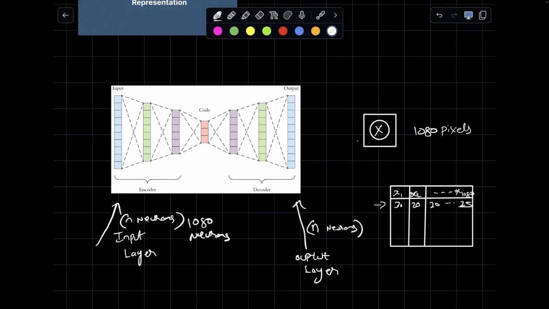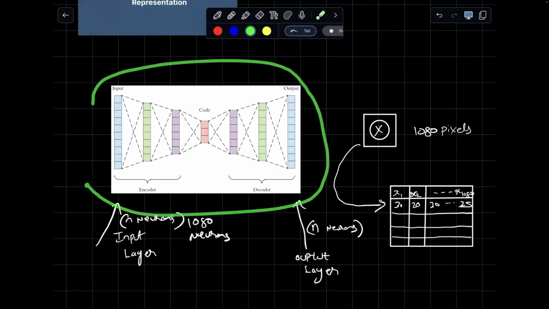This is this particular image. One image is represented as a row in my dataset. Like this, I may have many images. So every image I can take and let it pass through this architecture.